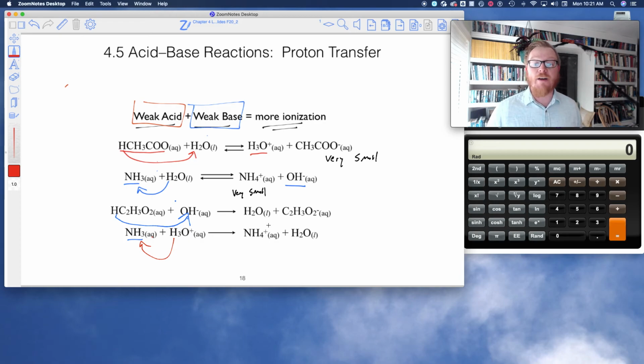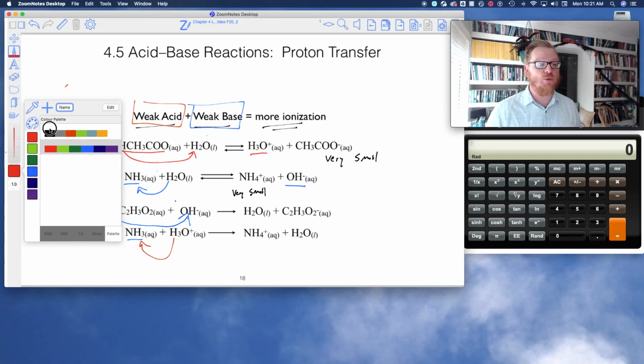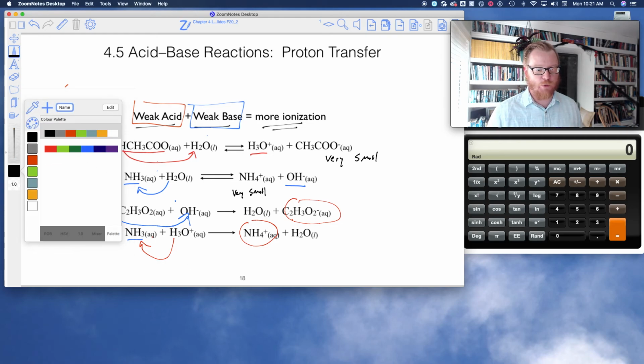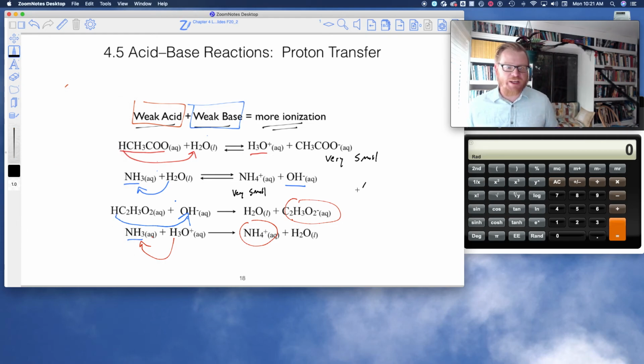So what we are left with at the end of the day when this reaction goes is ammonium acetate. I know that's pretty confusing, pretty advanced stuff, but this is what's happening with the weak acid and the weak base. I'm going to use the word titrate, and I'll introduce that to you next.